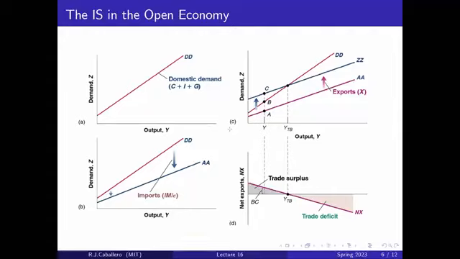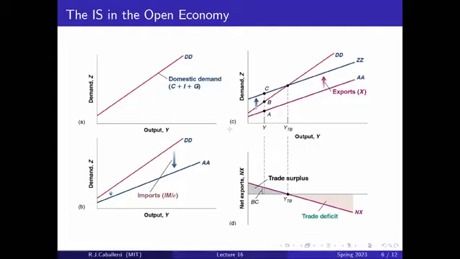In a closed economy, we had a 45-degree line, and in equilibrium output equals demand, so the intersection of this curve with the 45-degree line gave us our equilibrium output.